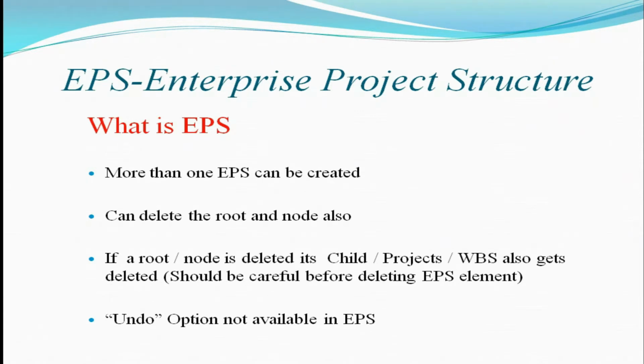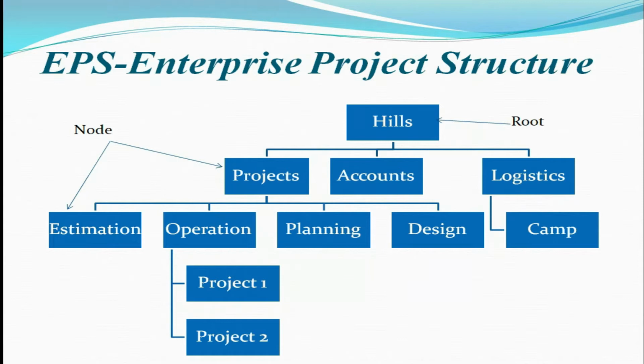So this is a simple EPS structure. The first element, Hills, is the root and other elements are the nodes. Here Hills is having some children and Operations is having two children.